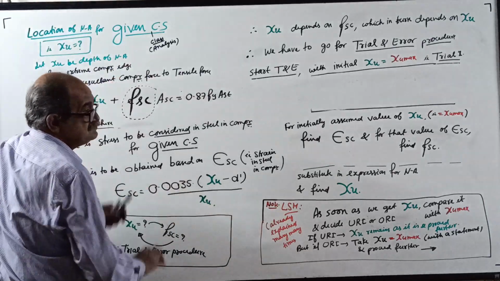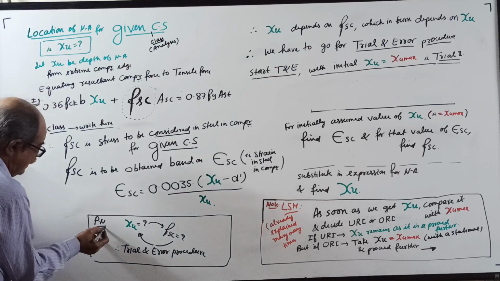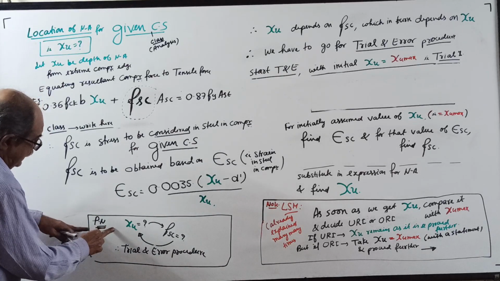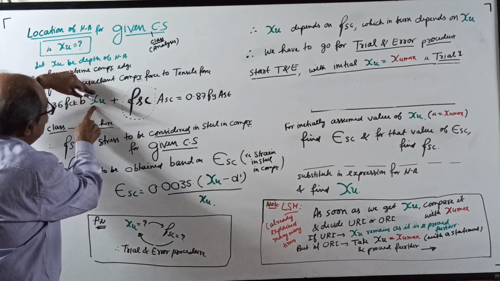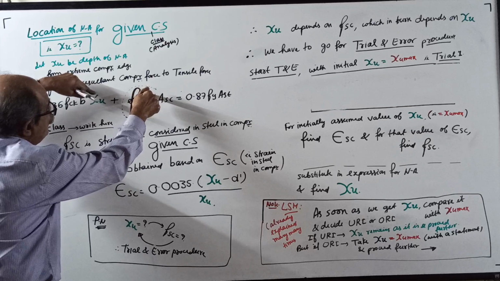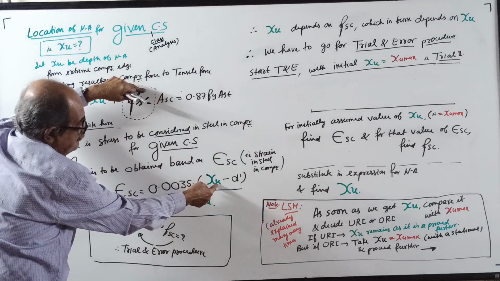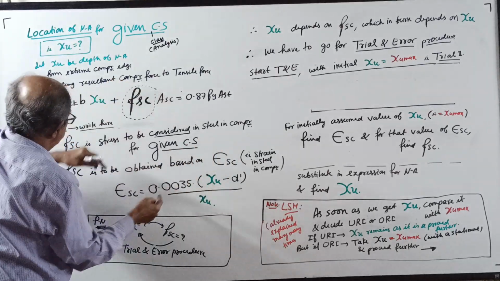Write this much. Now, one personal note. See, it is a personal note. Don't write it if you are writing an examination. See correctly. We want XU. If you want XU, FSC is required. Now, if you want FSC, epsilon SC is required, for which you require once again XU.